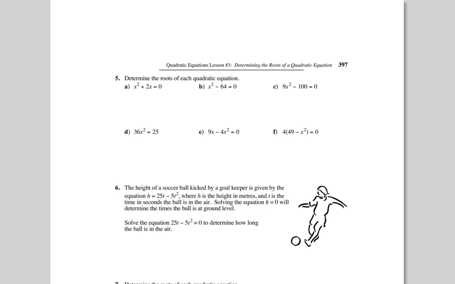Question 5, what do you think for question 5? Looks like mostly difference of squares. You see it? Except for the first one. The first one's GCF. But all the other ones are difference of squares.